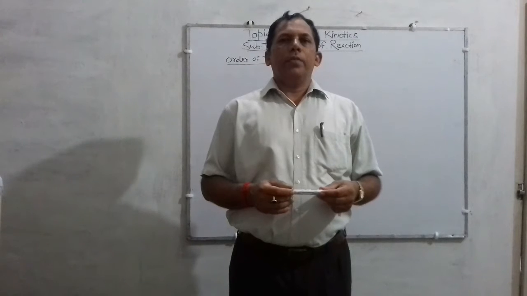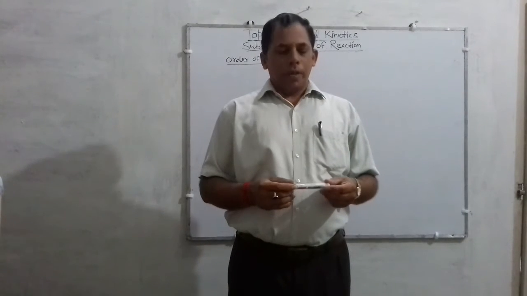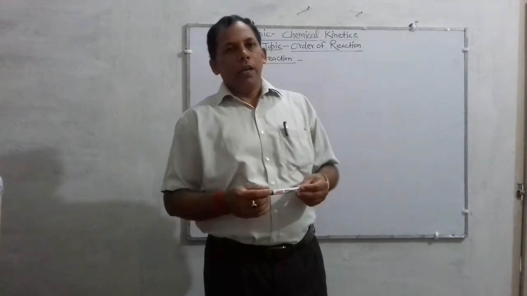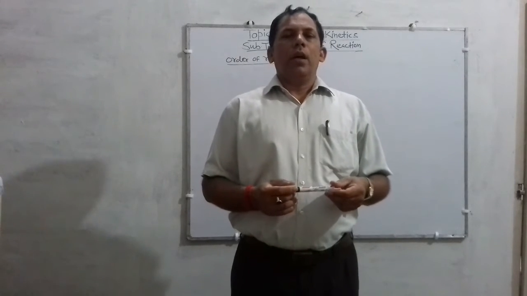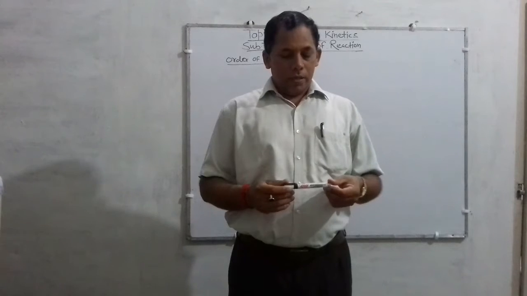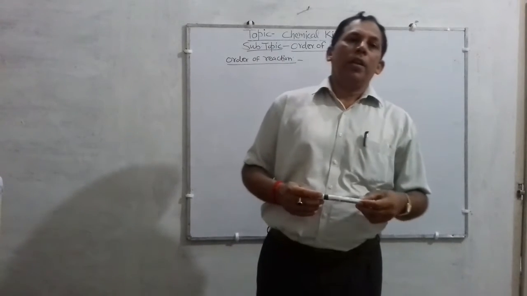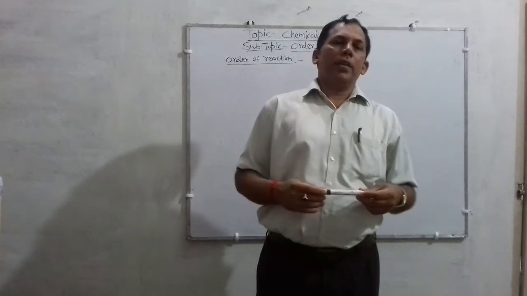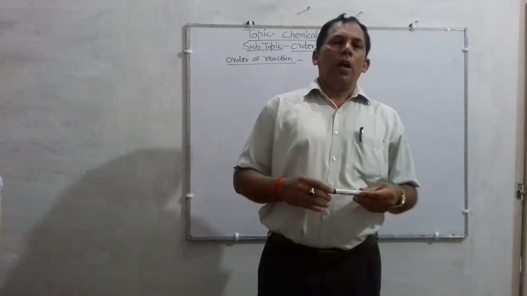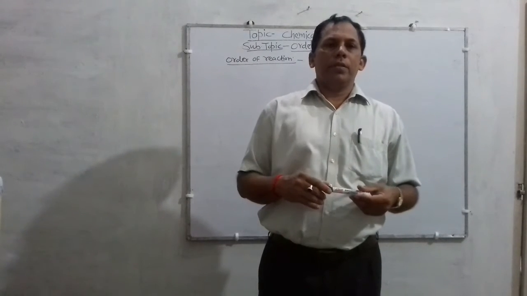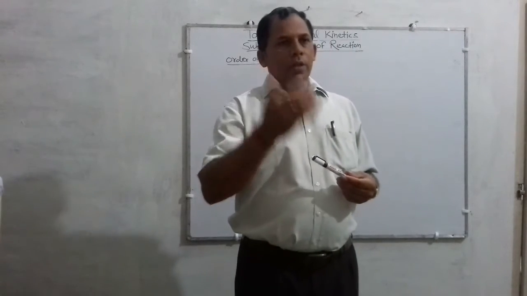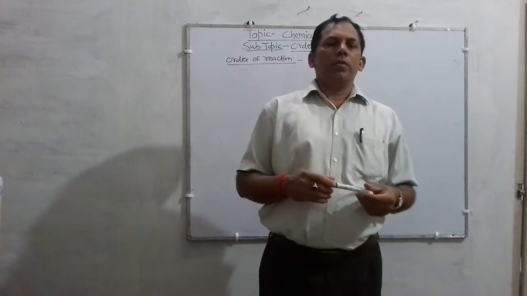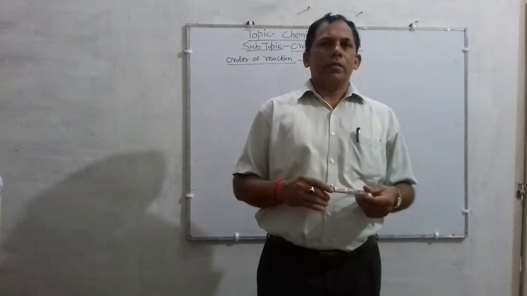In my previous video lecture, you have studied about rate-law expression, how it was derived, and also you have seen a very important thing there, that is how exponential coefficients may or may not equal the stoichiometric coefficients of the reactants and products.